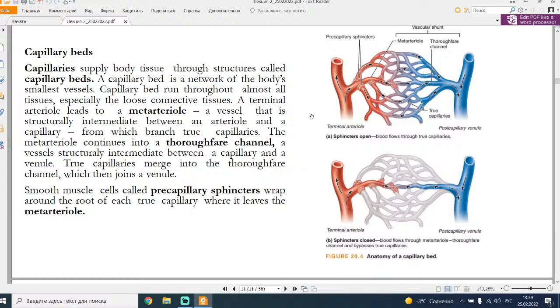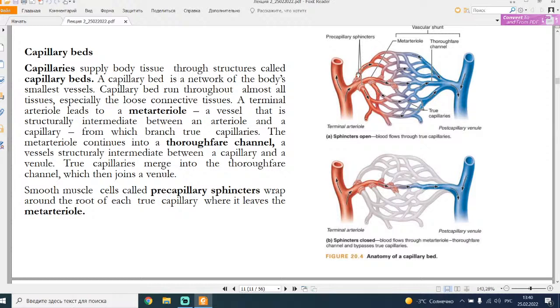An arteriole leads to a meta-arteriole. What do you see? Meta-arteriole: a vessel that is structurally intermediate between the arteriole and capillary, from which true capillaries branch.